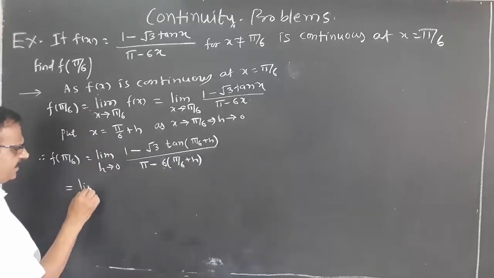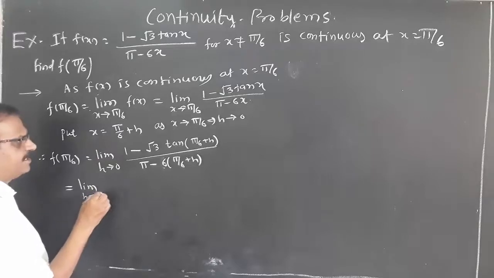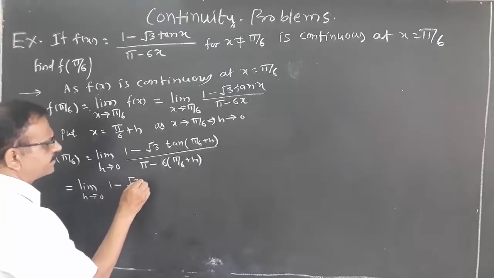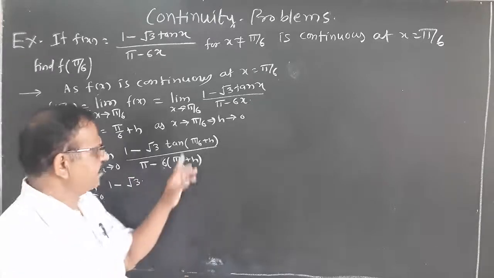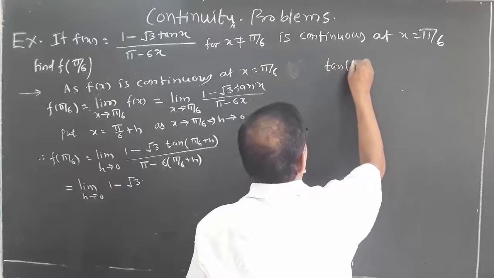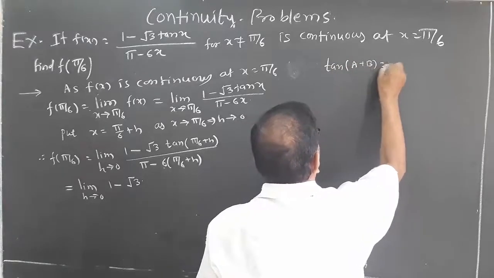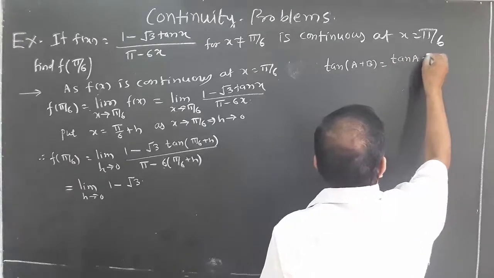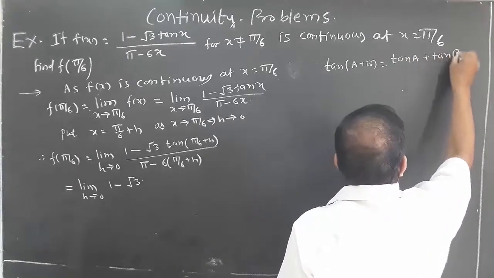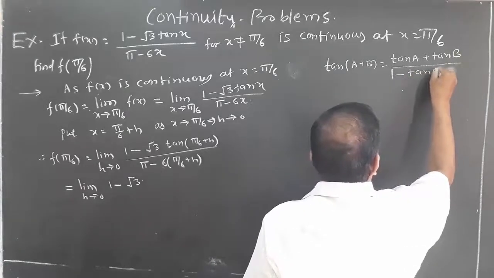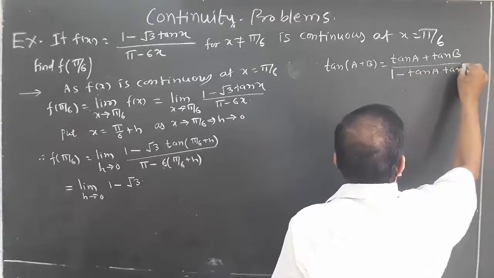This is equal to limit h tends to 0, 1 minus root 3 times tan of pi by 6 plus h. We know the formula tan of a plus b equals tan a plus tan b divided by 1 minus tan a tan b.